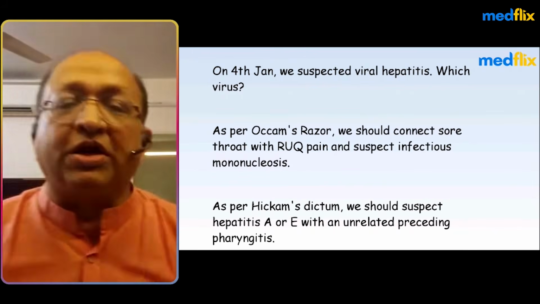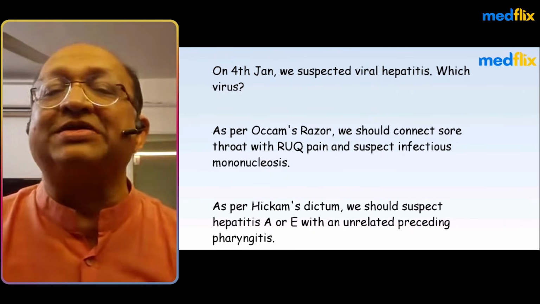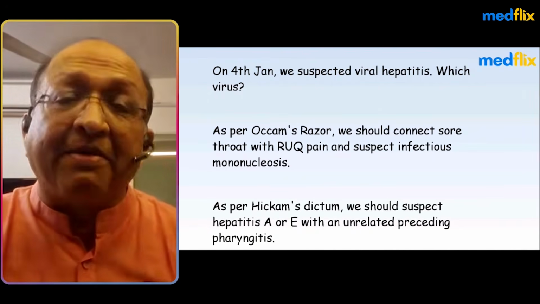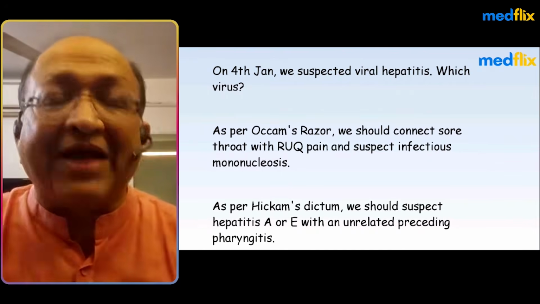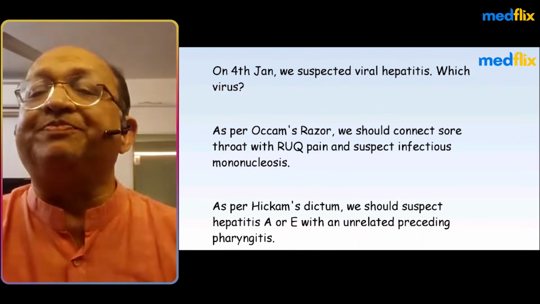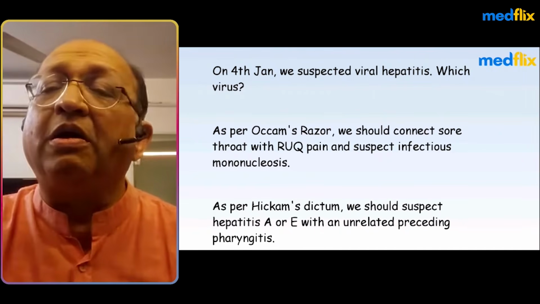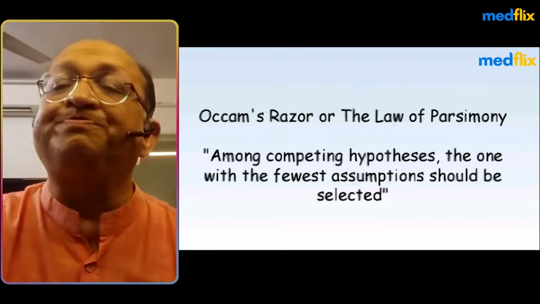And if you say that both are different, then we can say this is viral pharyngitis and that is hepatitis A or hepatitis E. Remember, A and E are possibly a little commoner than infectious mononucleosis at age 29, especially after 24, infectious mononucleosis becomes less common.